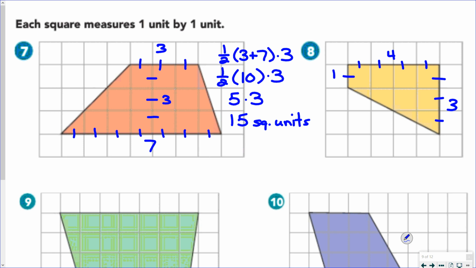So we would have half of 1 plus 3 times 4. So half of 4, excuse me, times 4. Let's be crazy here. Let's do half of 16, which is 8 square units.